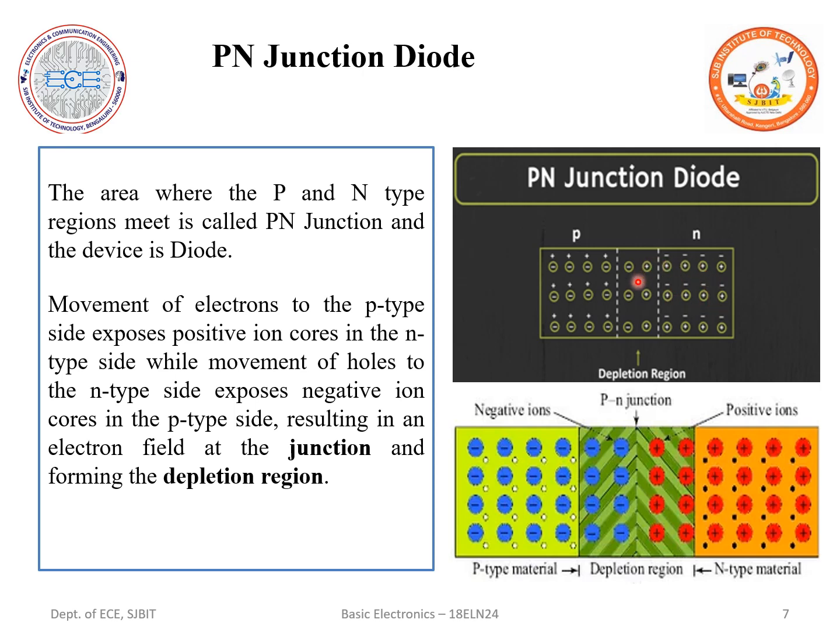When both the regions are sandwiched together, the holes have the tendency to move across to the n region and the electrons have the tendency to move towards the p region.